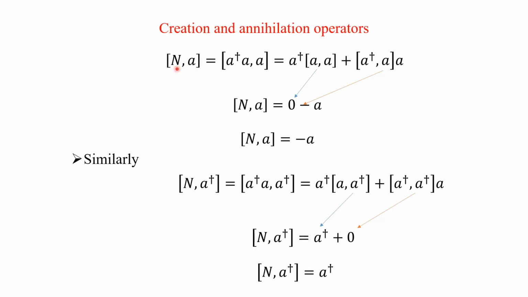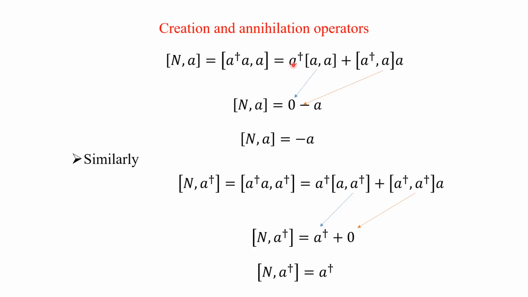You know very well n is a dagger a. So this can be written as the commutator of a dagger a with a. According to the commutation relation, this can be written as a dagger times the commutator of a with a, plus the commutator of a dagger with a times a. The a dagger comes first, and the a goes to the right hand side.